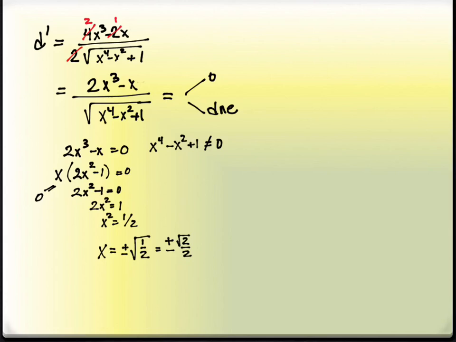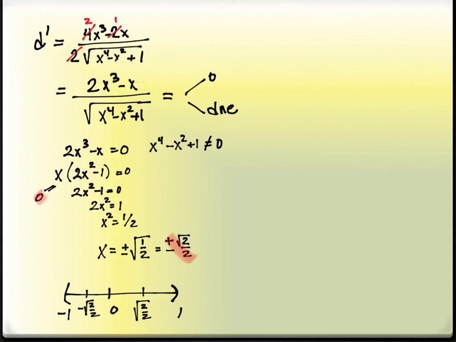So there are 3 values right here that I would potentially put on my sign chart, right? My sign chart has a capacity to go from -1 to 1. 0, of course, is in between those. If you check the square root 2 over 2, it's also in between those. It's about 0.7. So we have a negative square root 2 over 2, and we have a positive square root 2 over 2.